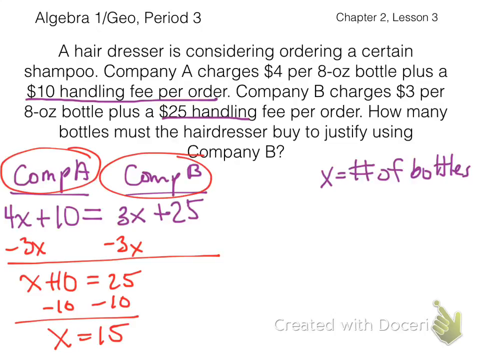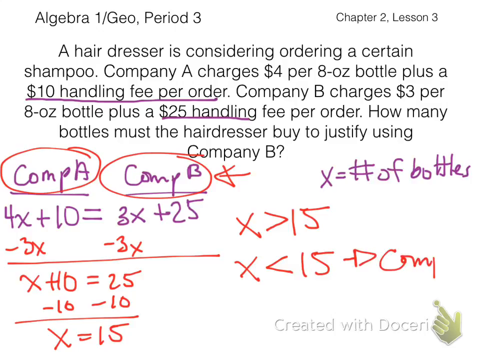So when x is greater than 15, the moment I need to order more than 15 bottles of shampoo is when I'm going to go with Company B, because that's when Company B is going to be cheaper than Company A. If x is less than 15, that's when I want to go with Company A.